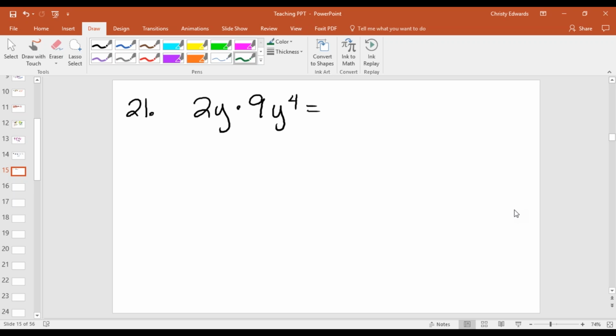If you're going to use the shortcut of adding the exponents, there's one place where you could get tripped up. You've got to remember that if a variable doesn't have an exponent, there's still one of it, right? I think I told you this the other day, but I'll repeat it.